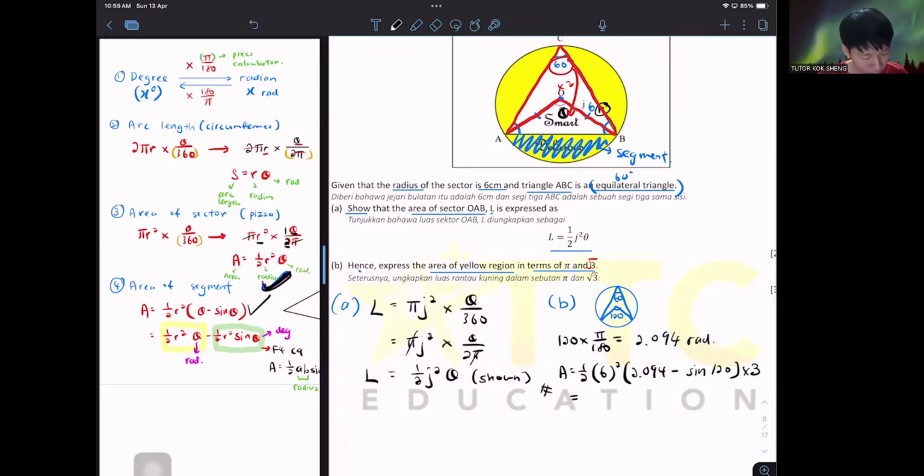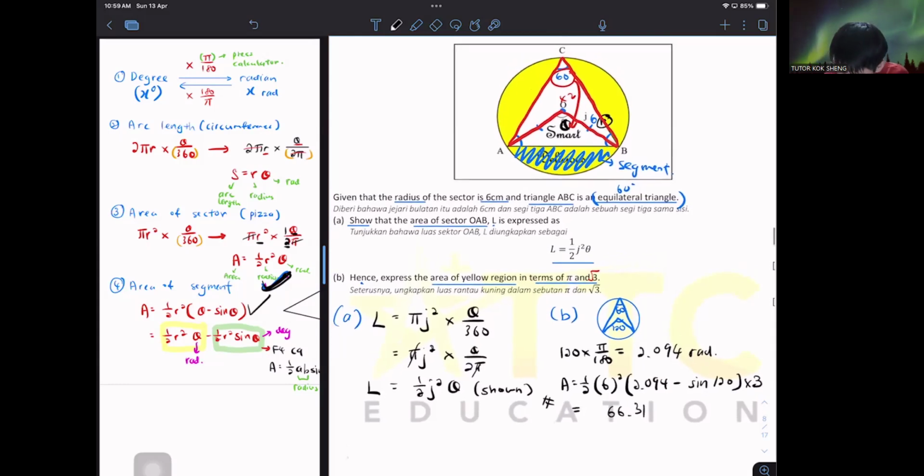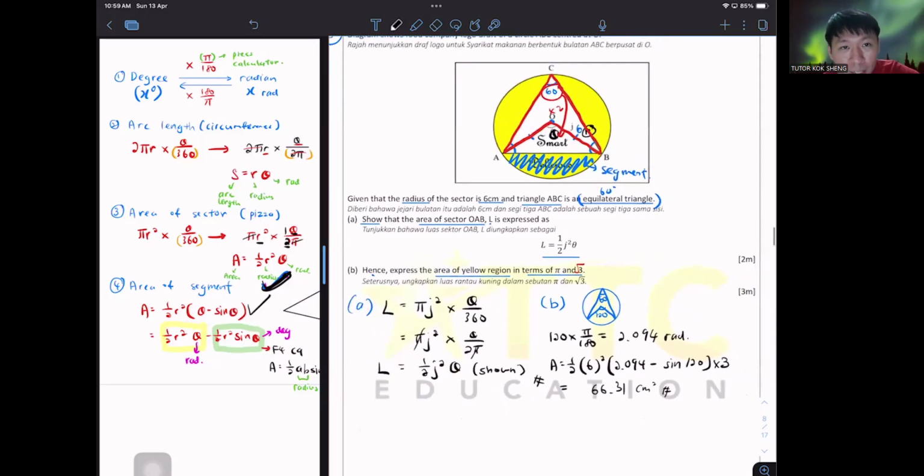Easy 3 marks. 1 over 2 times 6 square, followed by 2.094 minus sine 120, times 3. 66.31 cm. Done, 3 marks easy. It just looks so difficult.